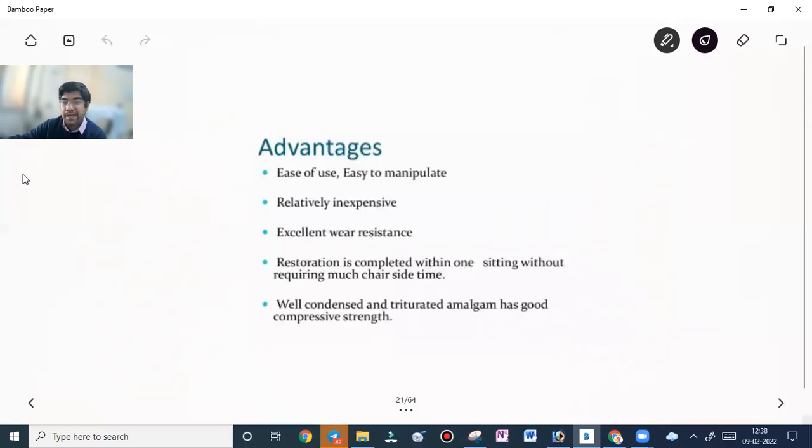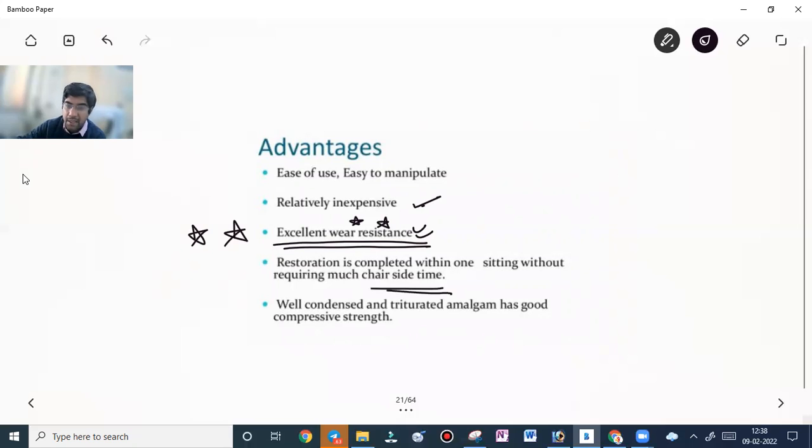Now coming to the advantages: it is easy to use, easy to manipulate, it is inexpensive, it has excellent wear resistance. So the important property of amalgam is it has excellent wear resistance. Restoration can be completed in a single sitting without much chair side time.